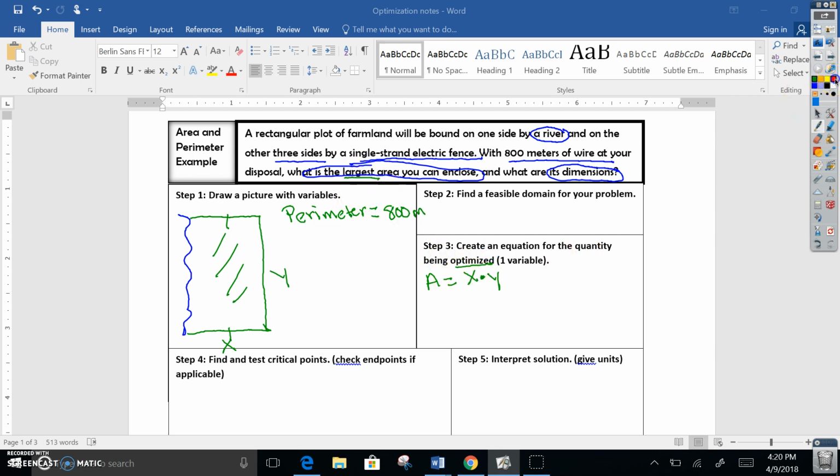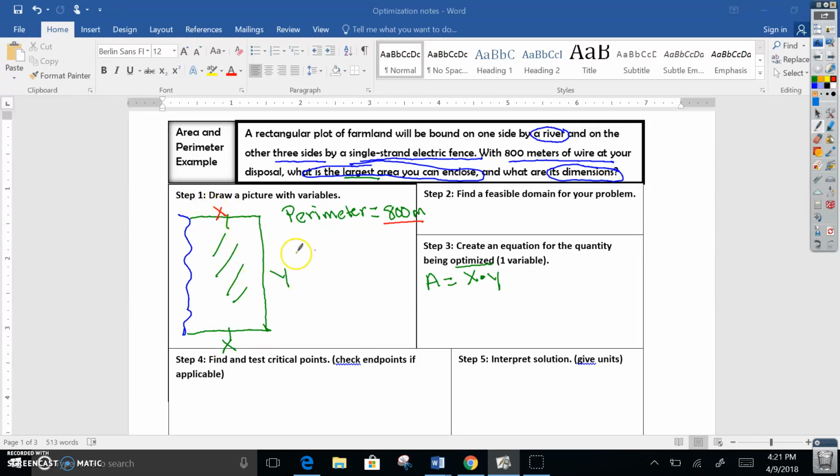Only problem is that we have two variables. You cannot have two variables and take a derivative because this is not a related rates problem. We don't have any rates given to us, so we can't use that. Instead, we're going to try to replace x or y using that other piece of information we know, 800 meters. If this is x down here, then this is going to be x up here.